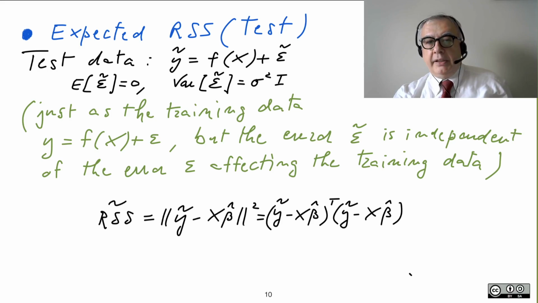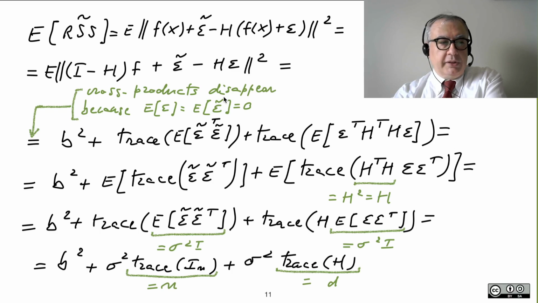So we have explained what's the difference between the test data and the training ones. The residual sum of squares has this expression that can be written also in this way. And now we go for the computation of its expectation. So this is the expectation. Again, I put the true function, but this is the true function plus the noise for the test data.